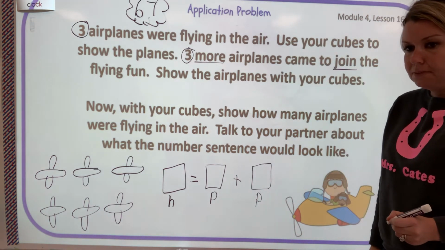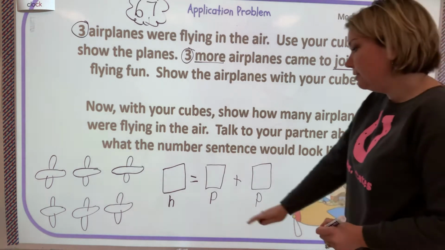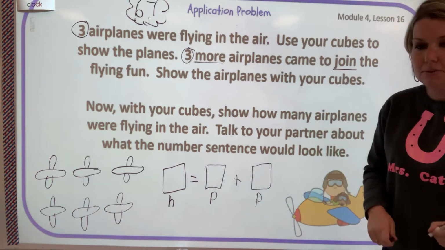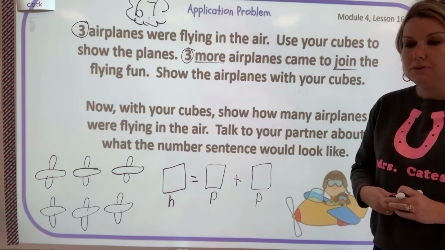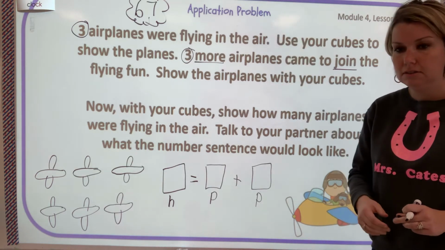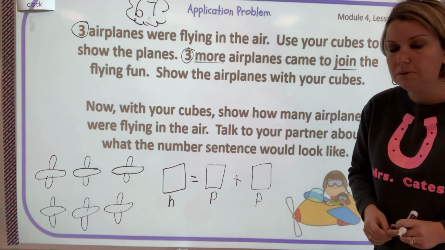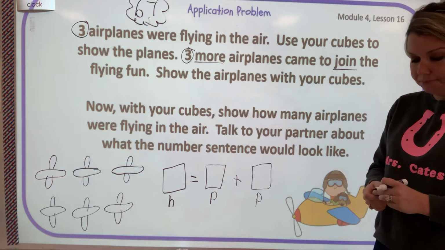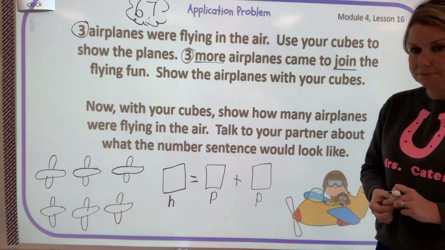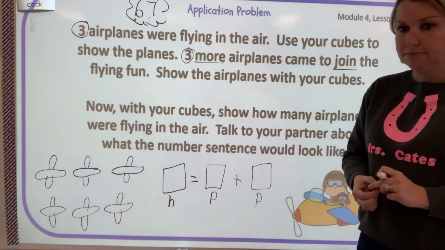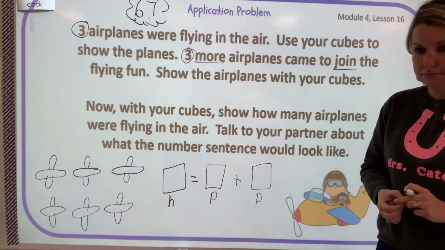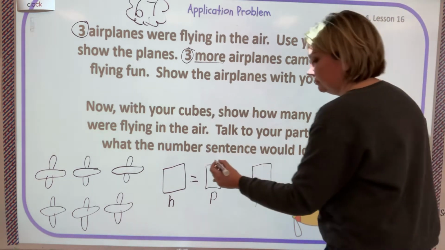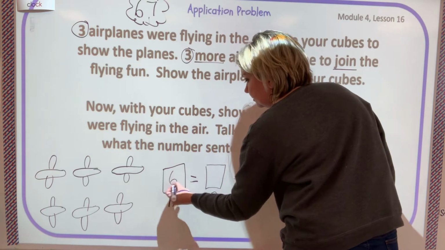Well, help me out. Read the number sentence to me that you have on your paper. Raise your hands. Carolyn, what's your number sentence say? My number sentence is 6 equals 3 plus 3.